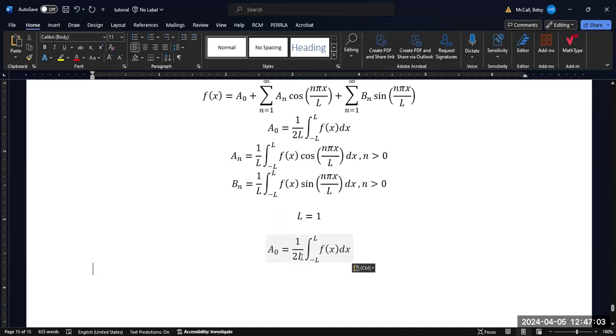And if we're going to integrate from negative L to L, we have a piecewise function.